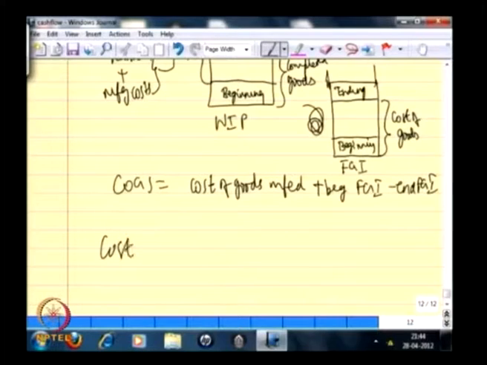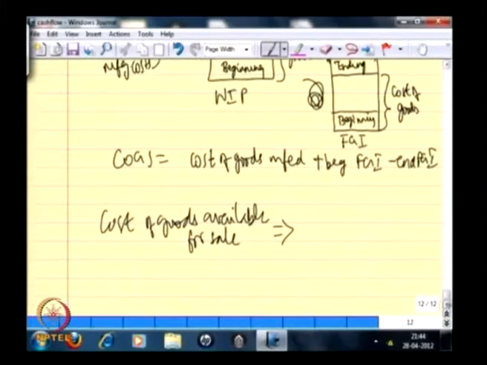Because the cost of goods available for sale, once a sale happens, it gets captured in two forms, one as inventory, the other as cost of goods sold.